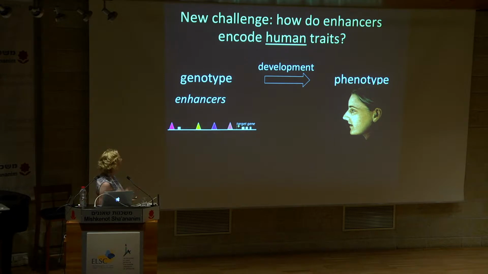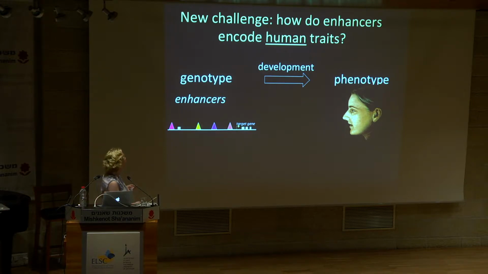In other words, how the genetic information that's contained within the regulatory elements reveals itself through developmental processes to produce specific human phenotypes. And indeed, from many GWAS studies, we learned that many trait-associated loci do indeed map to the non-coding parts of the genome and are specifically enriched in developmental enhancers.